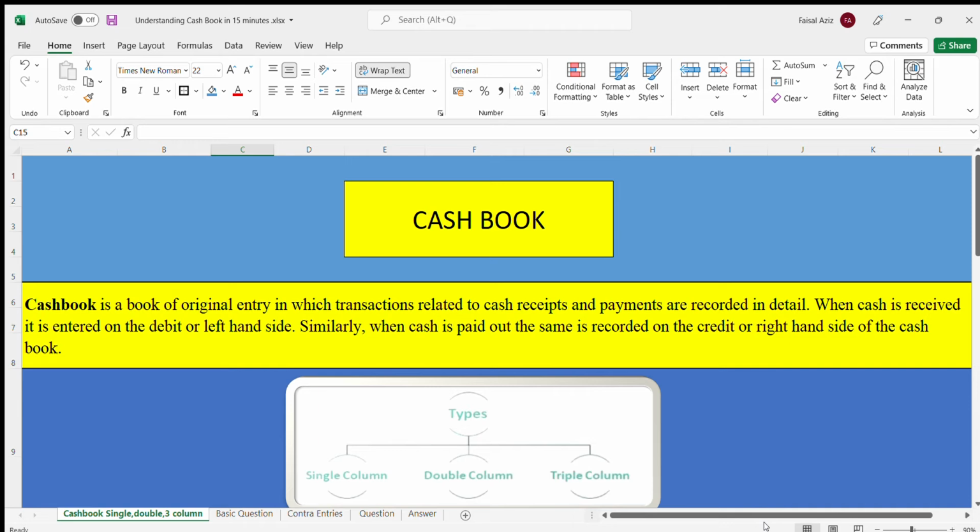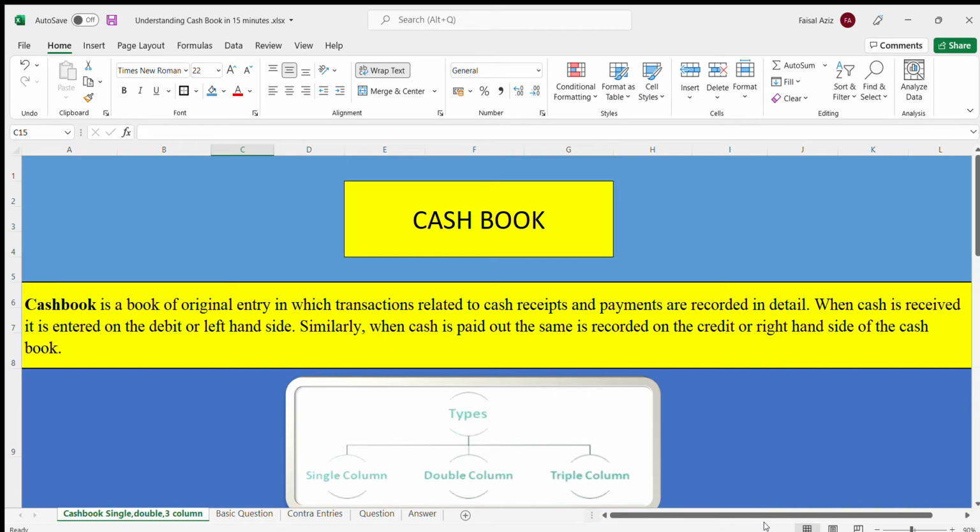Businesses which maintain all of their cash receipts and payments records can effectively manage their cash, as management can know the balances of cash and bank at any time and take the necessary decisions accordingly.